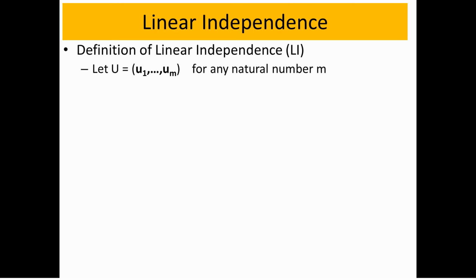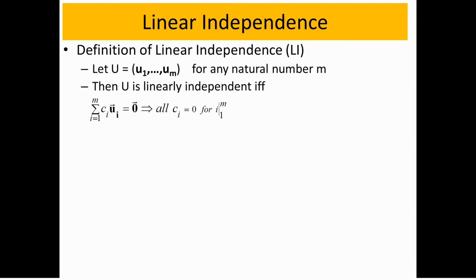If we have some ordered list of vectors, they're linearly independent if and only if the only way we can have a linear combination of those vectors giving the zero vector is if all the coefficients are zero. Very important definition.